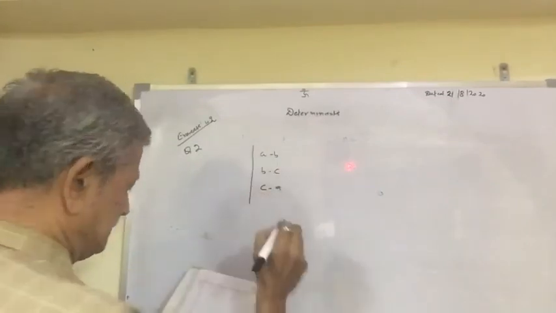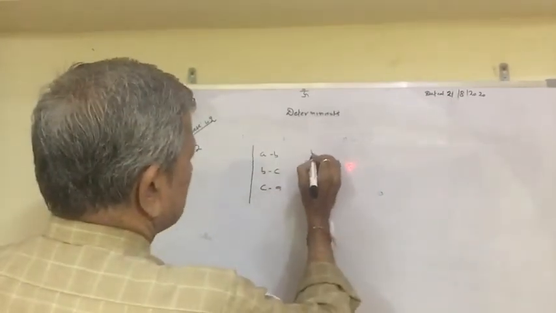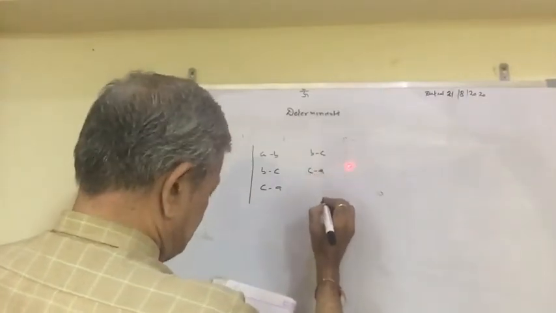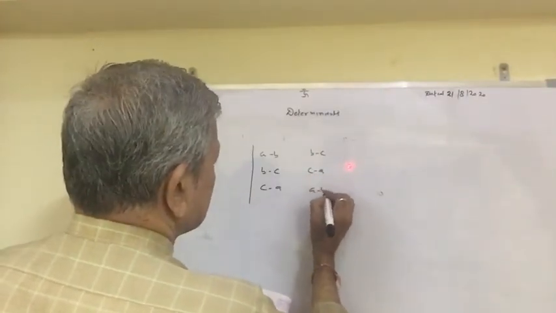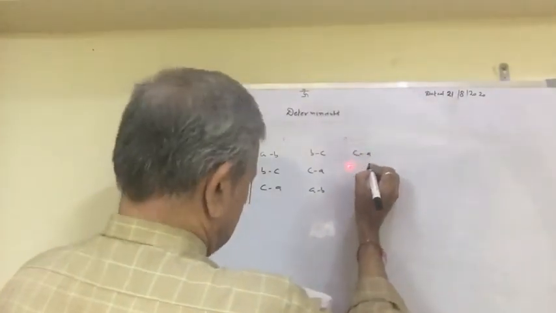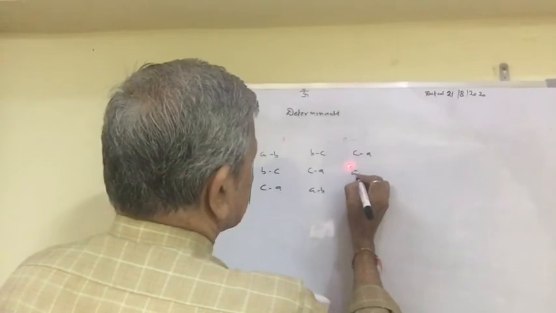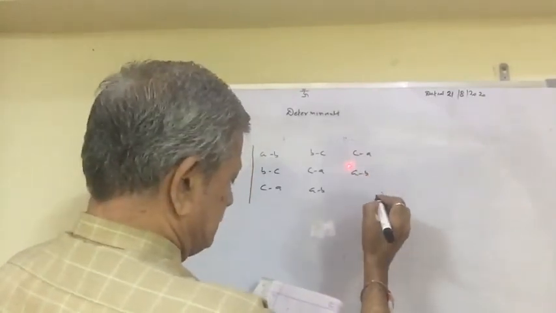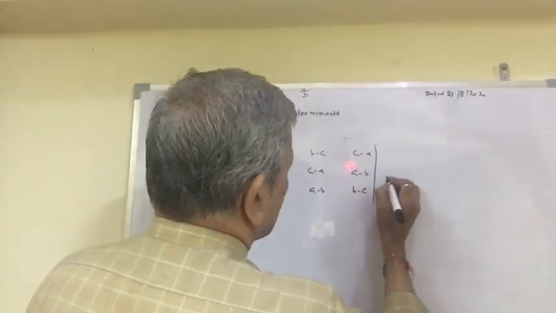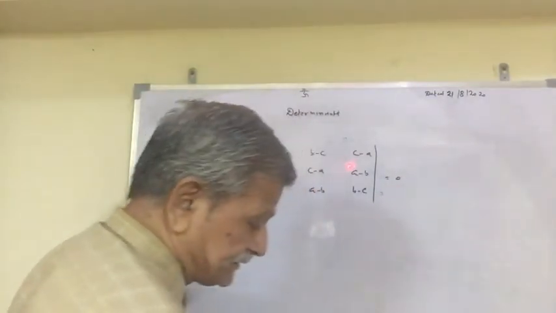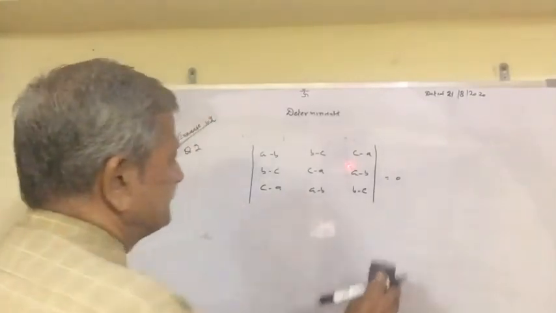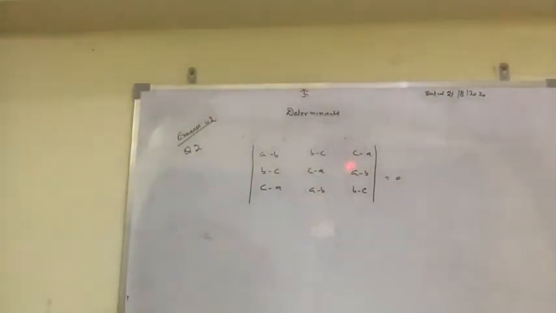Then b minus c, c minus a and a minus b, and c minus a, a minus b and b minus c. This determinant also has the right hand side value 0. Now how can we prove it? We can treat it in a similar way.